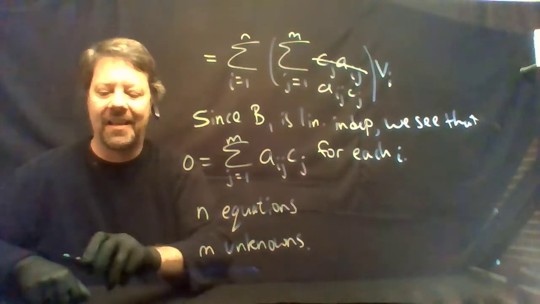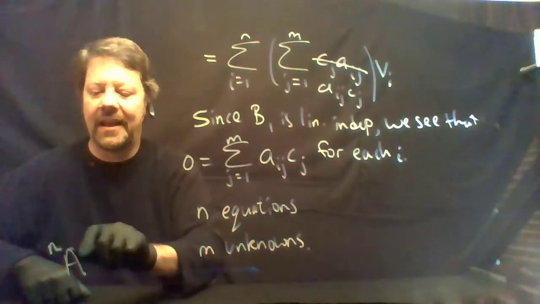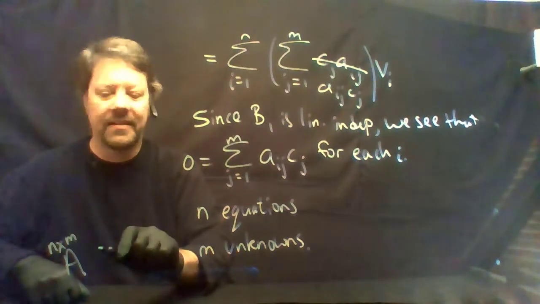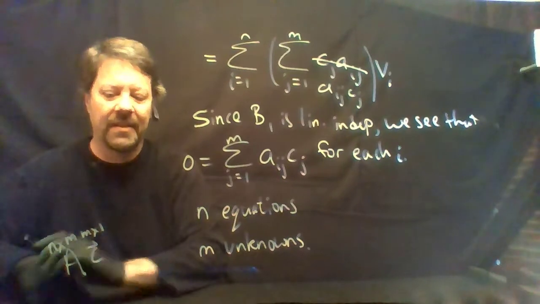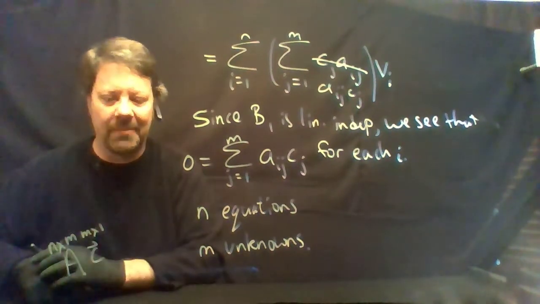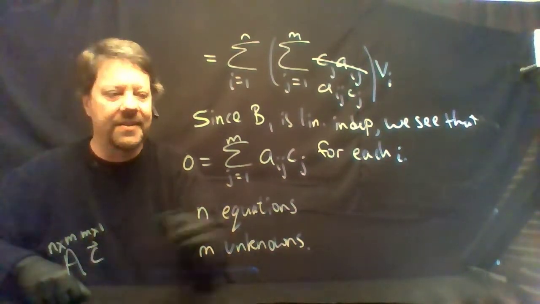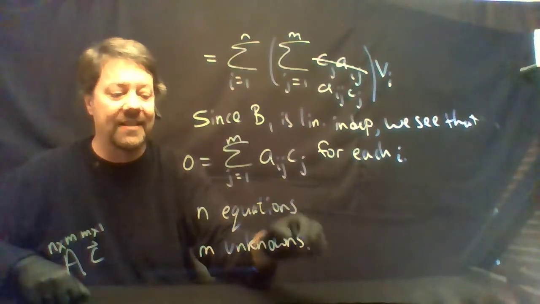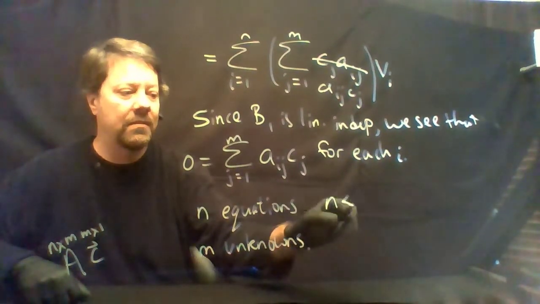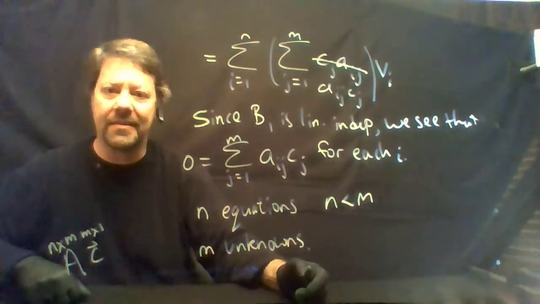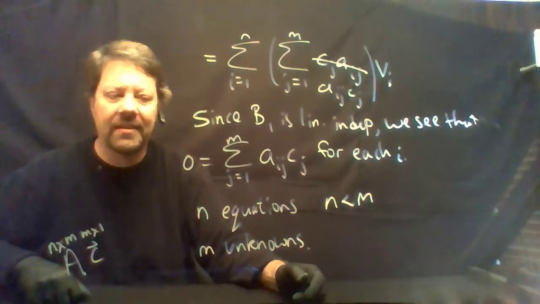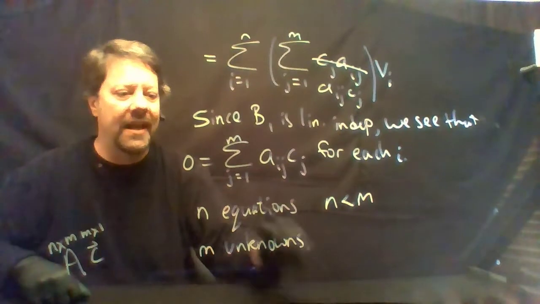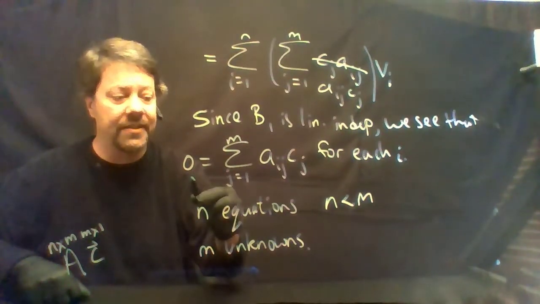The matrix A is n by m. C is m by 1. You end up with something that is n by 1, of course, but the critical point is that n is less than m by hypothesis. The number of equations is strictly less than the number of unknowns, and this is a homogeneous system.